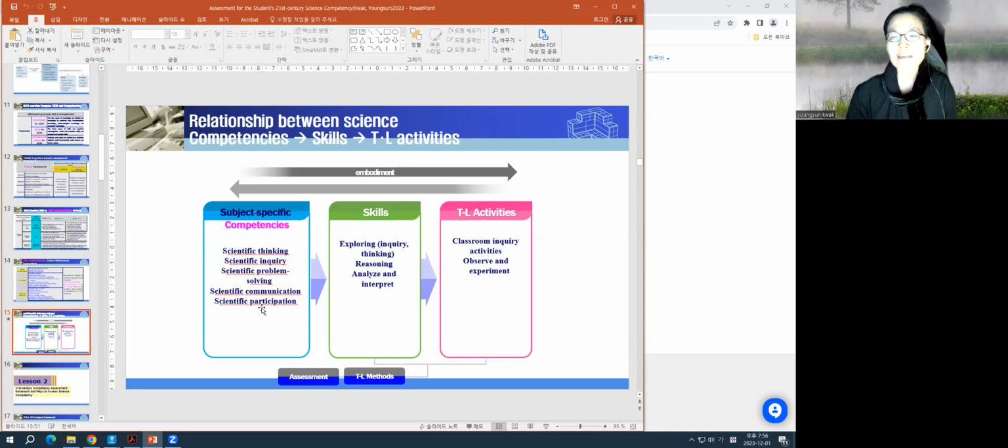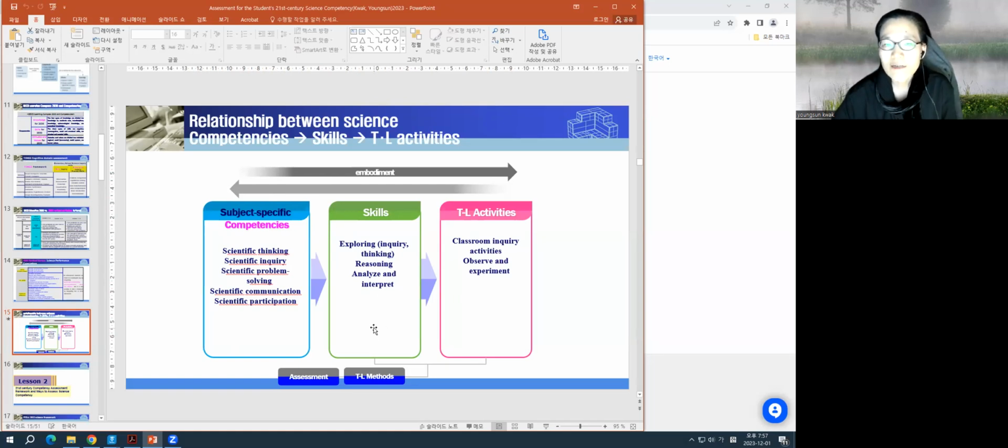And then as a teacher, we are teaching those science skills through teaching and learning activities. Can you see the connection here? Starting from science competencies, it could be mathematics competency, it could be social studies competency, and then we specify those science competencies into science skills.